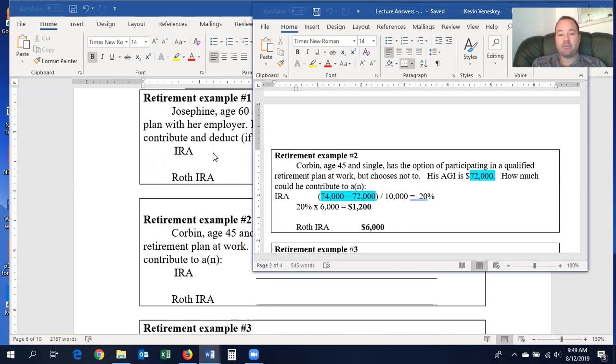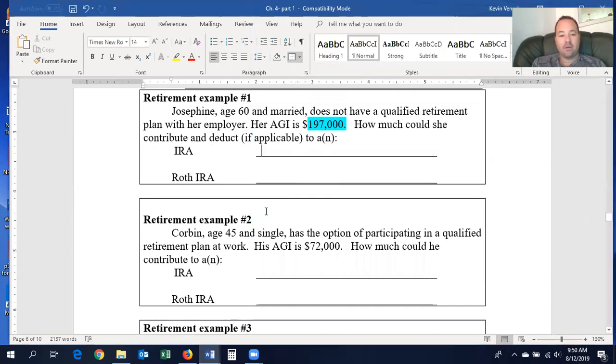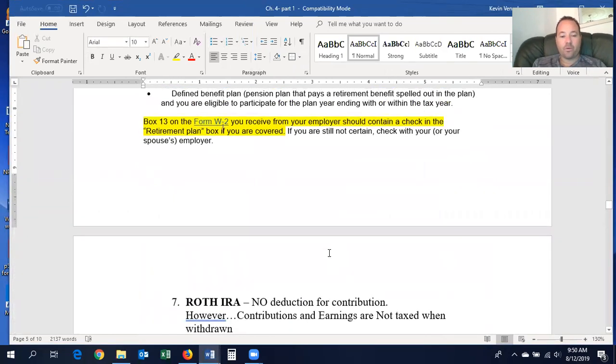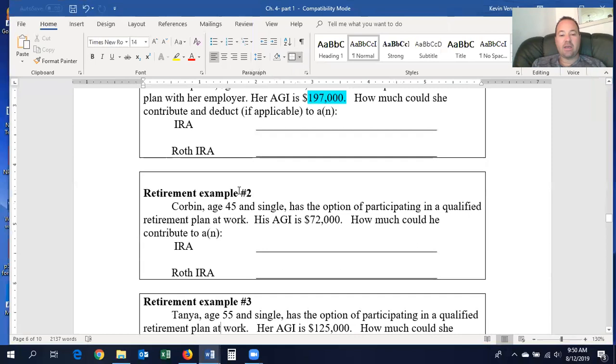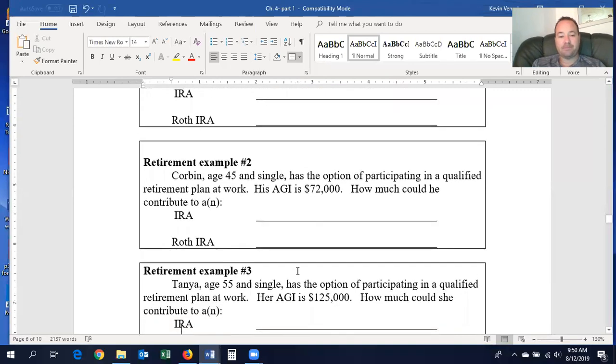He does not come close to the cap at $72,000. He's still well under the cap for the Roth IRA. That doesn't even start until 122. So if he wanted to, he could opt to put everything into a Roth IRA and get the full benefit, $6,000. Or he could put $1,200 here and the rest, $4,800, down here in the Roth IRA.